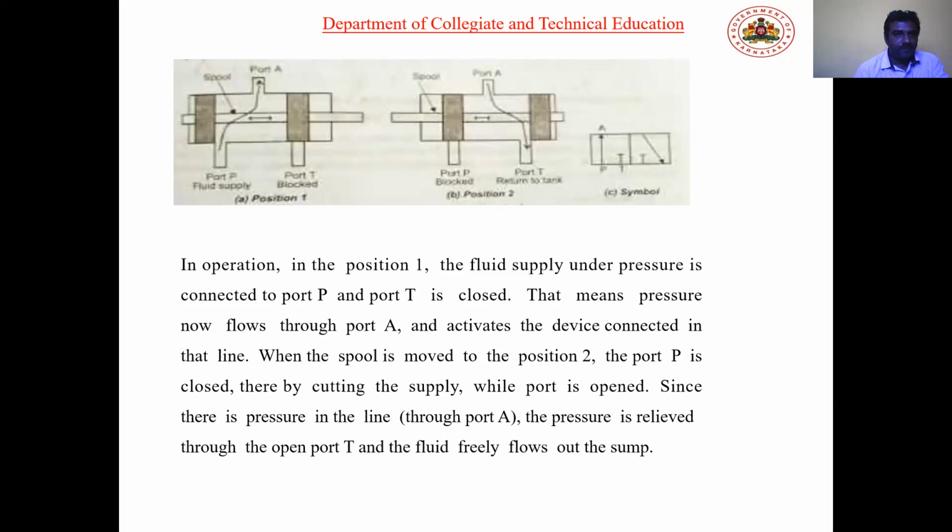The third port is closed. That means pressure now flows through port A. As the pressure flows through port A, it activates the device connected in that line. So this is position 1.